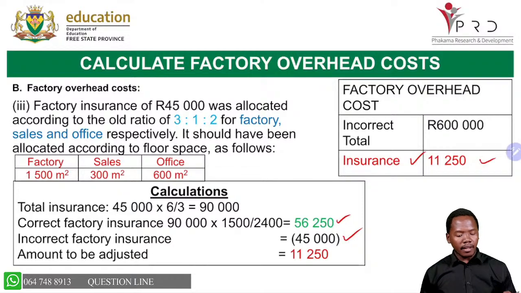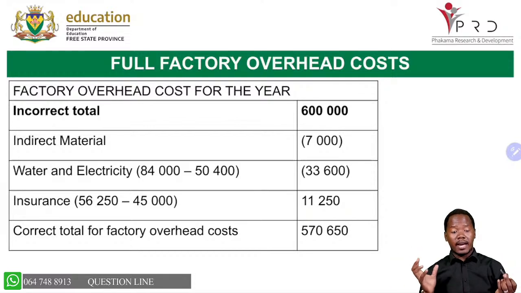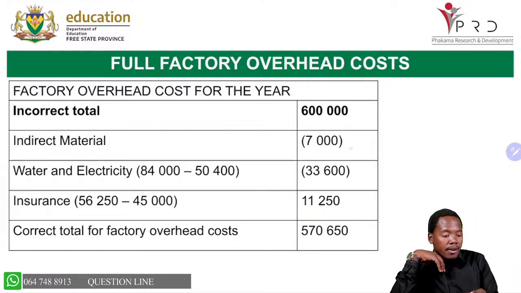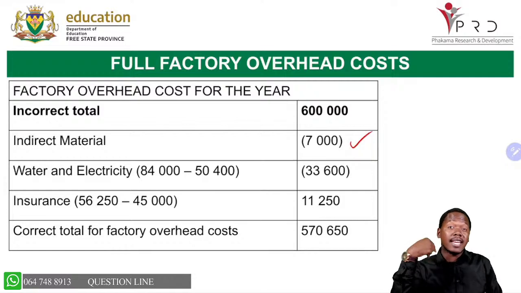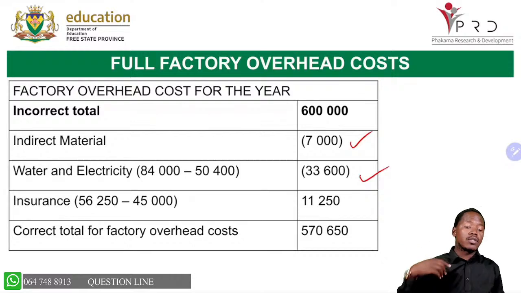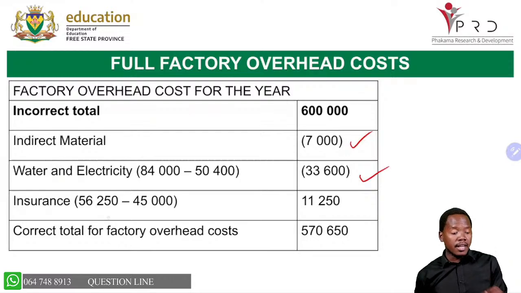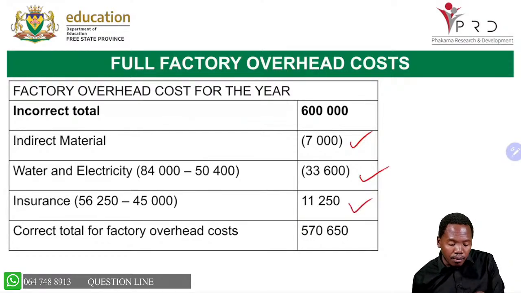Okay, next item. Now let us look at our full factory overhead. We are done with our factory overhead. Now remember the 7,000 that we subtracted earlier? It was for the indirect material. Water and electricity, the amount that was overstated, we recorded 84,000 instead of recording 50,400. And then insurance, we just did it now.